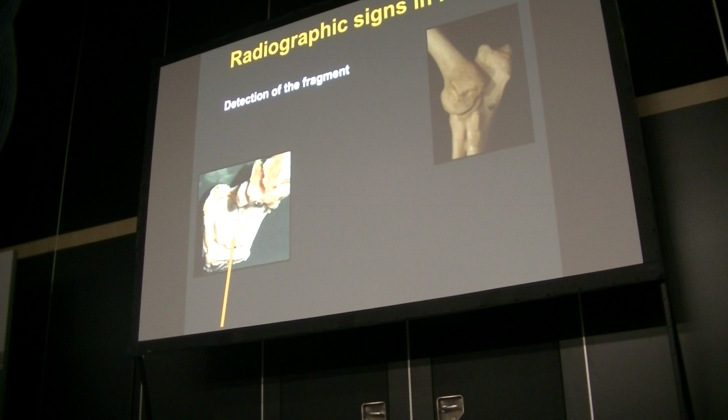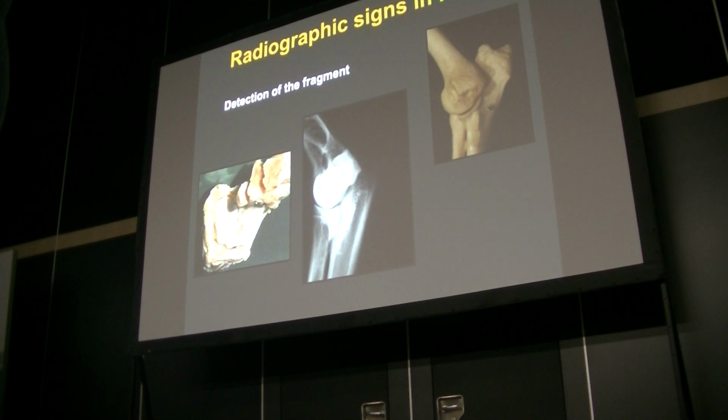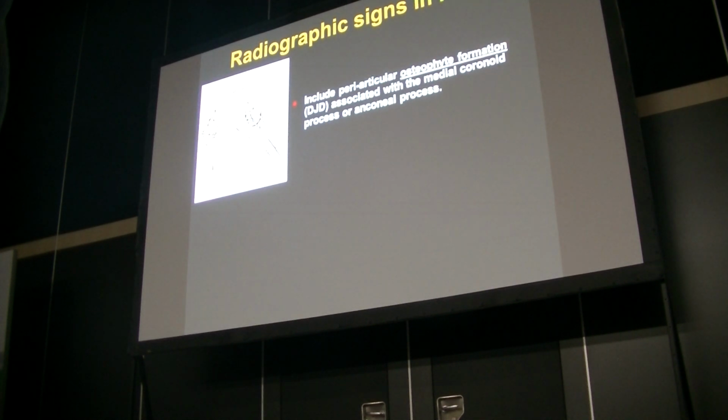Unless the fracture line is parallel with the primary beam, but it's rare, then we can pick up those lesions, but usually it's not the case. So if we take a radiograph, we have to base ourselves on subtle lesions, secondary findings that can help us to diagnose that there's something wrong with the coronoid process.